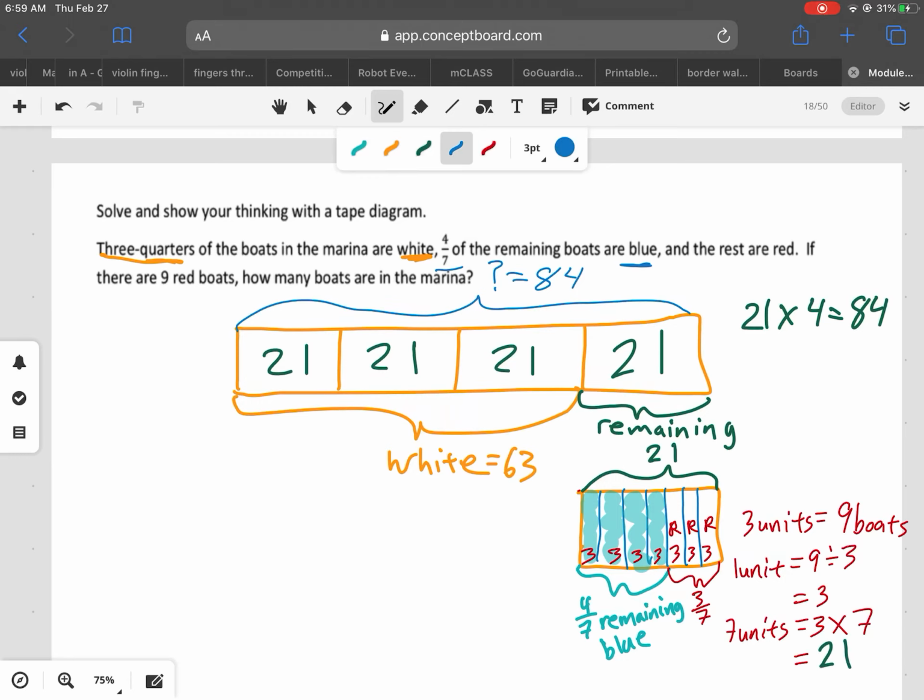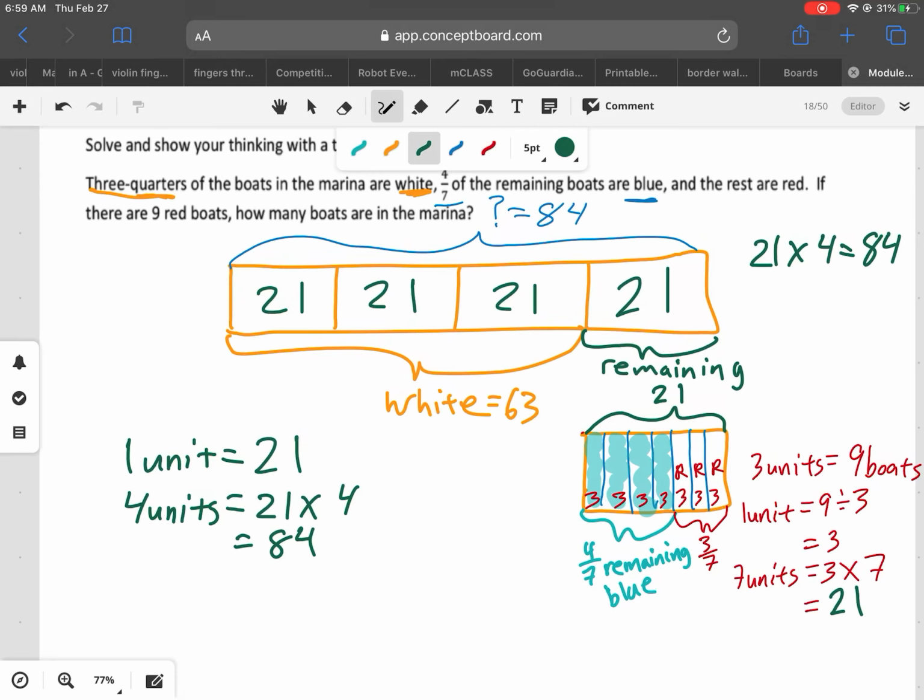So another way to show it, if 1 unit is equal to 21, then 4 units is equal to 21 times 4, which is 84. Okay, so the answer is there are 84 boats in the marina.